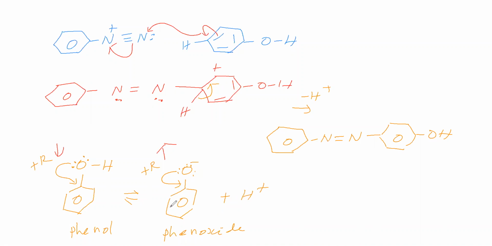Because phenol and phenoxide are in equilibrium. This phenoxide O minus is activating the phenyl ring. Therefore, diazonium easily attacks this position. In the presence of acidic medium, the equilibrium shifts towards the left side. Therefore, diazonium is not attacking this phenolic carbon.